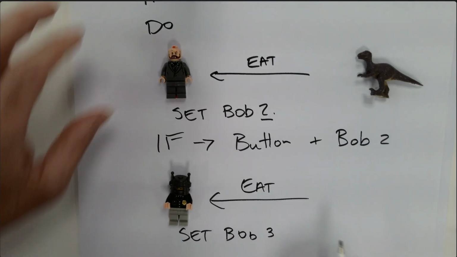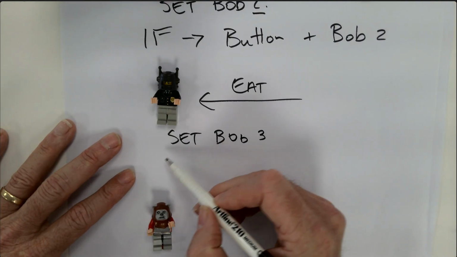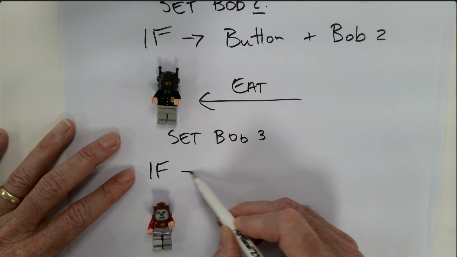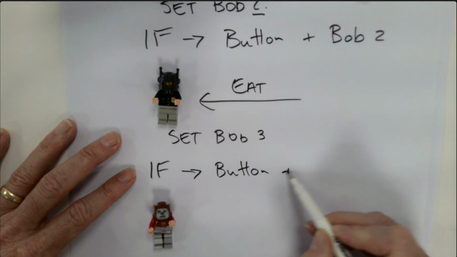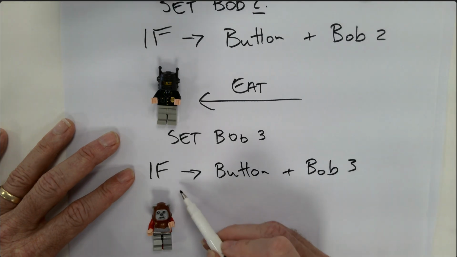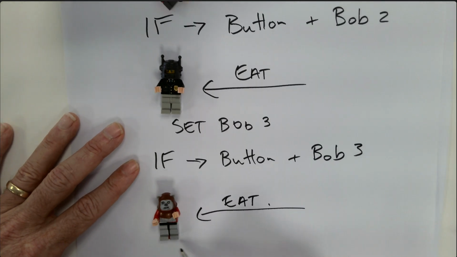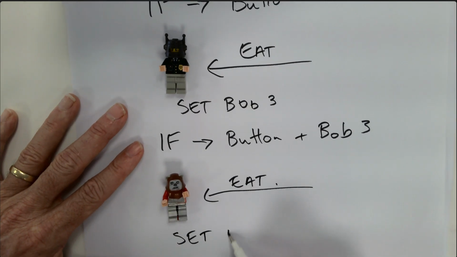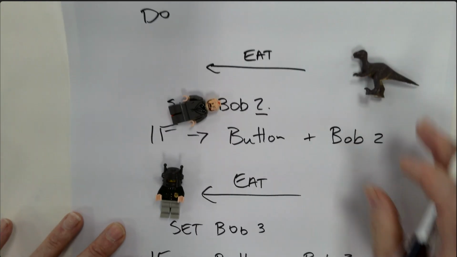For our last Lego man, down here, we're going to say if the button is pressed and Bob is number 3, then I want the dinosaur to eat this guy, and then I want to set Bob to number 4.